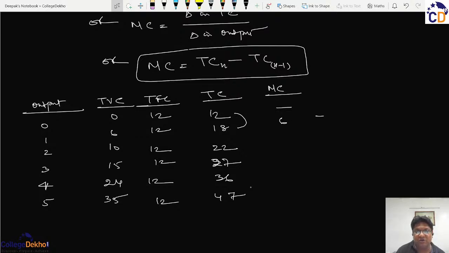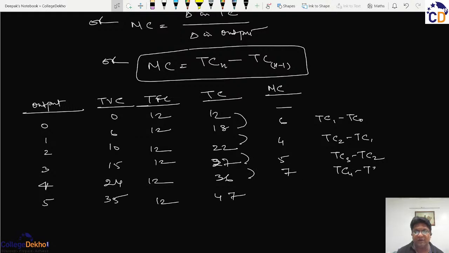6 because it will be total cost 1 minus total cost at 0. It will be 4 here because it will be TC2 minus TC1. It will be 5 here because it will be TC3 minus TC2. It will be 9 here which will be TC4 minus TC3, and it will be 11 here which will be TC5 minus TC4.